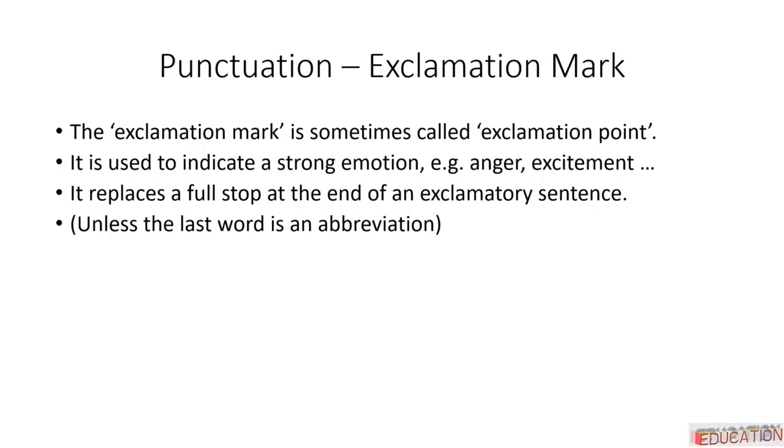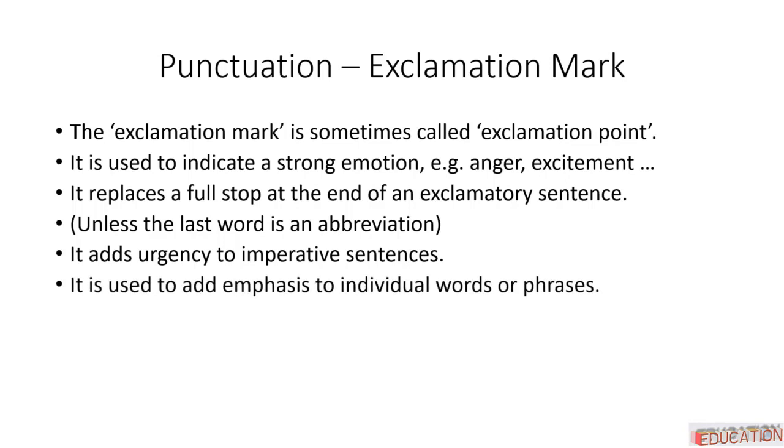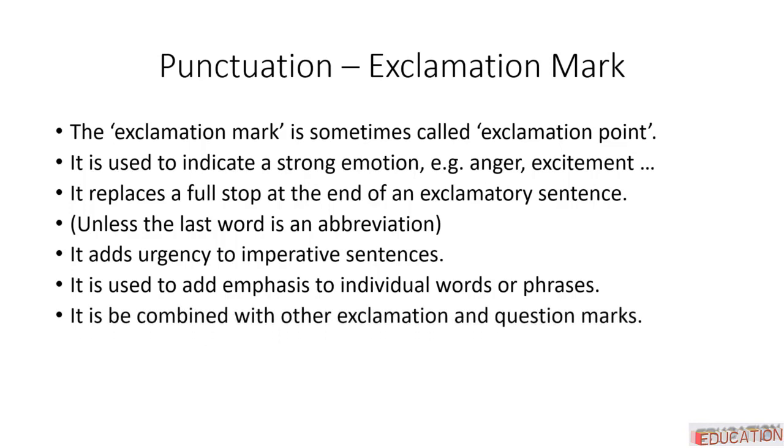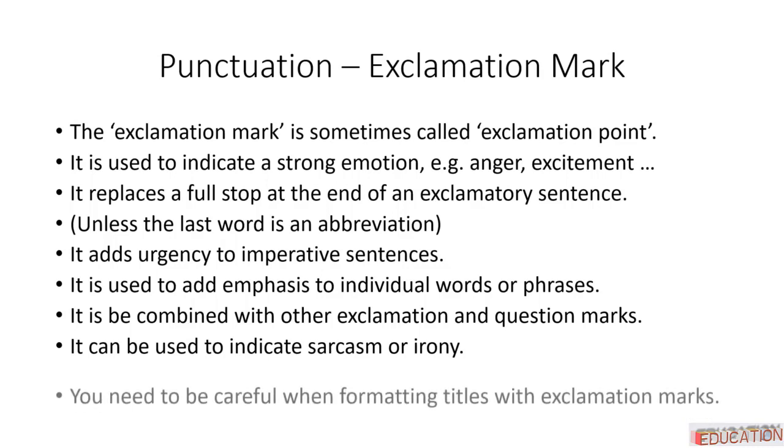We'll see examples of these. And it adds urgency to imperative sentences. It is used to add emphasis to individual words or phrases, and it can be combined with other exclamation and question marks. It can also be used to indicate sarcasm or irony.